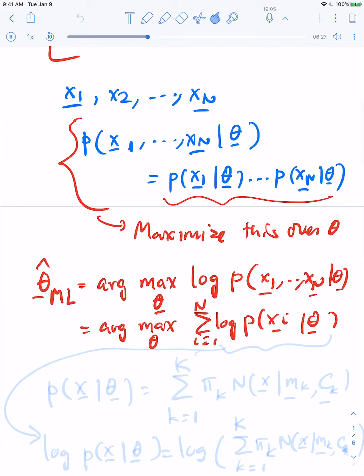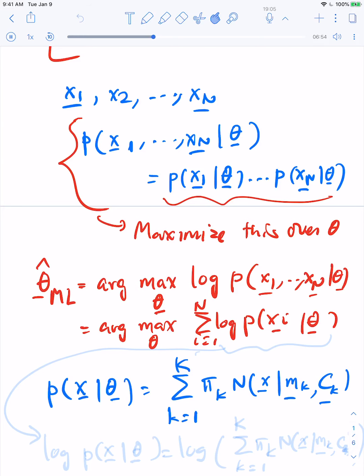Now, for a Gaussian mixture, the conditional density of a typical data point is, of course, suppose I have big K mixture components, then the density looks like the probability of drawing that component, and then the density given that I have drawn the component, which is a standard Gaussian density.